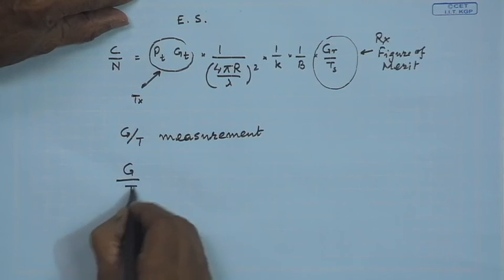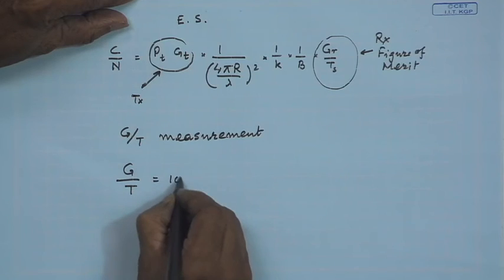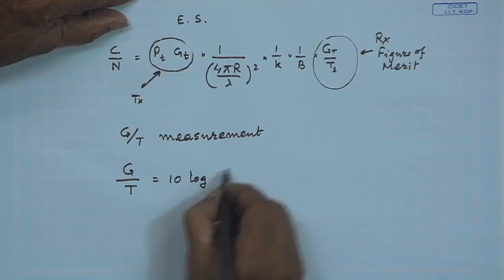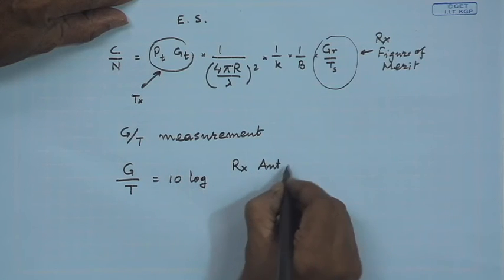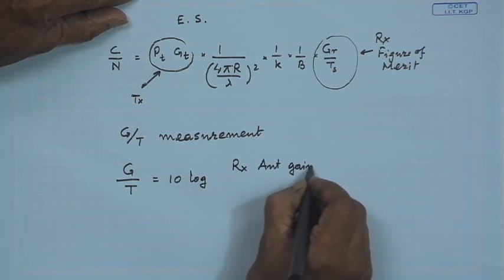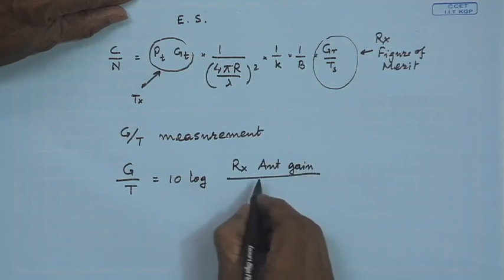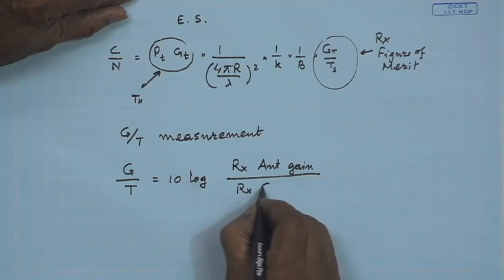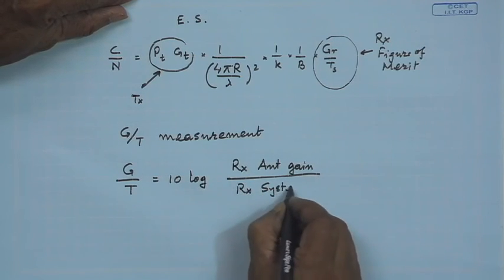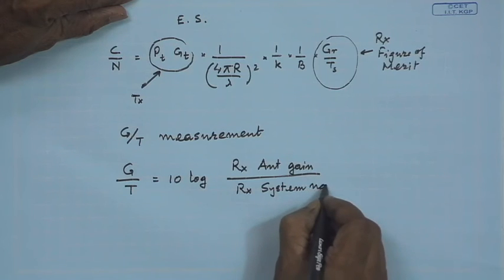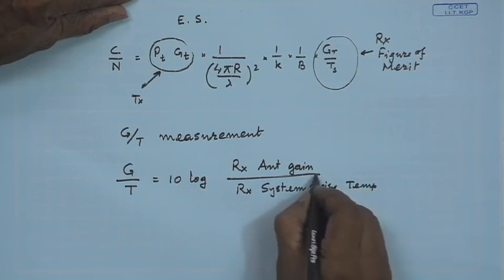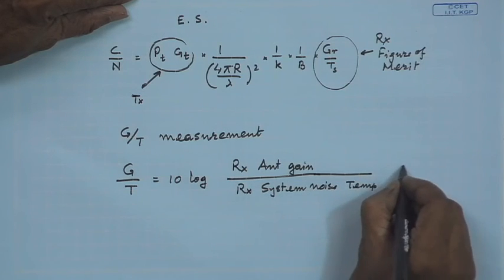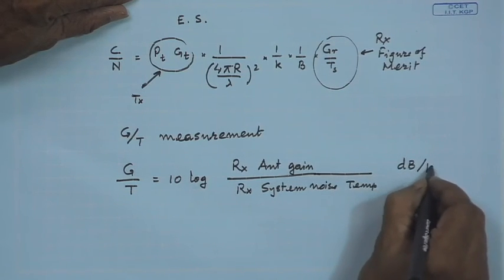We repeat that G by T is 10 log of the receive antenna gain by the receive system noise temperature, so once we made it 10 log, it is dB per K.